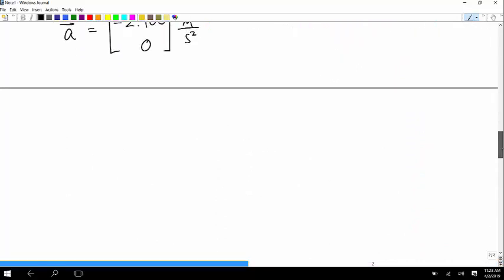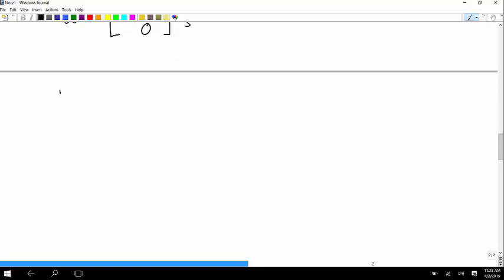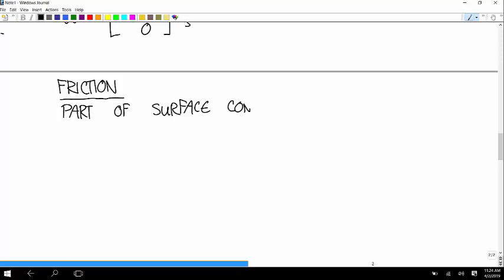So now we're going to start talking about friction. And friction is the part of the surface contact force parallel to the surface.